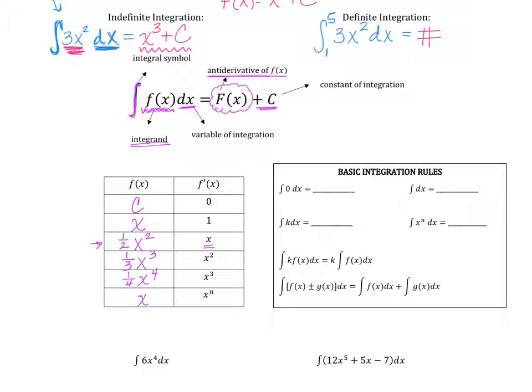It's x to the n plus 1, but then you have to divide by that n plus 1. Whether you write that like this, or some people write it as one fraction, obviously those are the same thing.